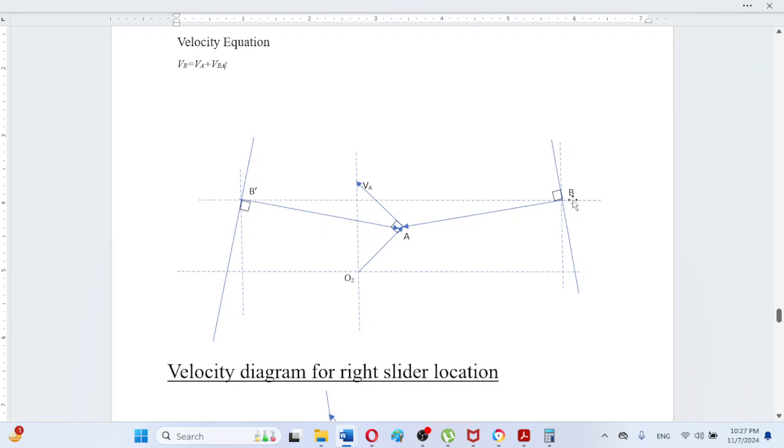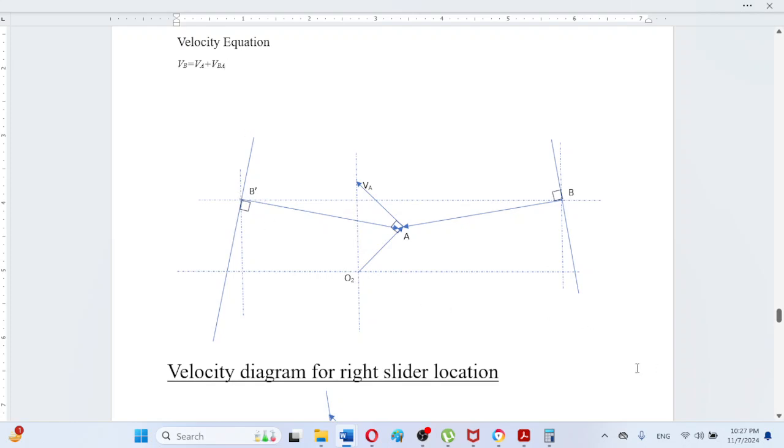This is the right hand slider location, and this is the left hand slider location, and the perpendicular velocity vector at the correct angle has been drawn. This line is perpendicular to the connecting rod AB, which gives the orientation of the relative velocity VBA, meaning the relative velocity of point B with respect to point A, the crank point.